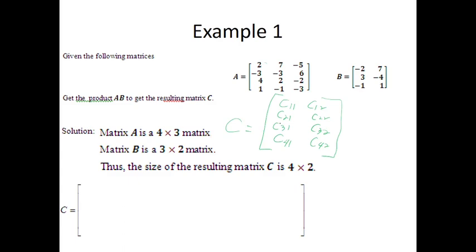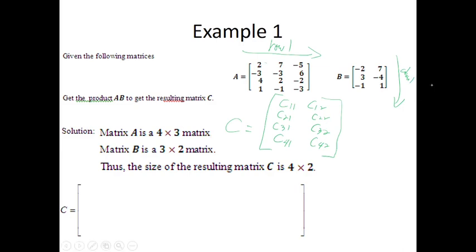Okay, so in this case, to get C11, we consider the first row and first column, row 1 and column 1. So row 1 elements times column 1 elements.